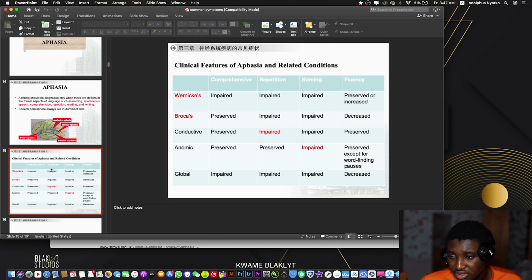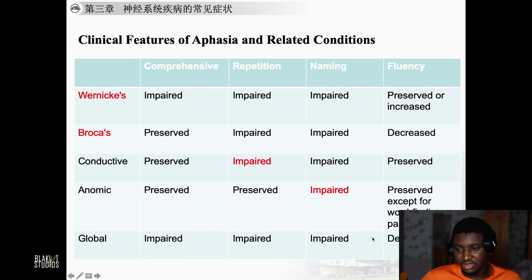With anomic, comprehension is preserved, repetition is preserved, naming is impaired, and then fluency is preserved except for word finding pauses. So fluency is preserved, but when the person is trying to find words, there are pauses. And with global, everything, comprehension, repetition, naming, and fluency, is impaired and decreased.